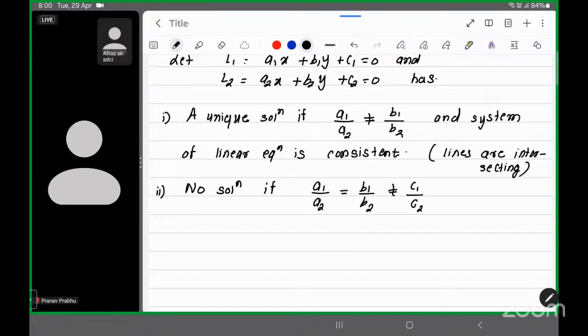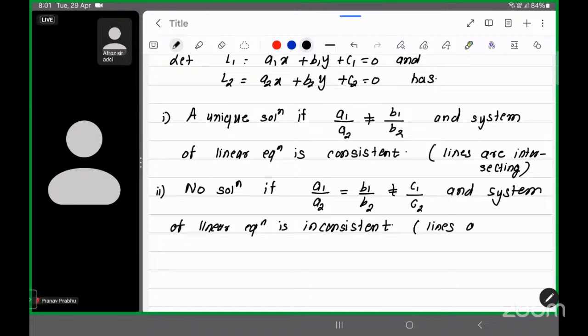No solution, if a1 by a2 equals b1 by b2 is not equal to c1 by c2, and the system of linear equations is inconsistent. That is, lines are parallel.